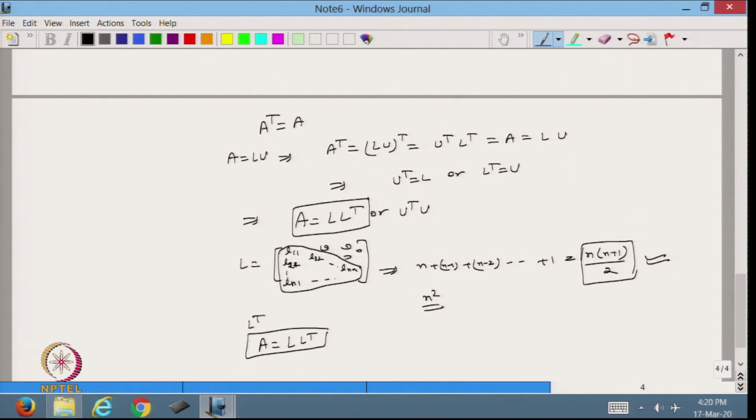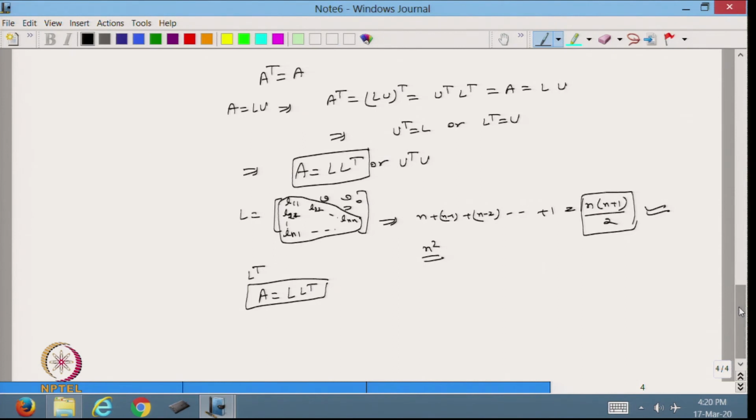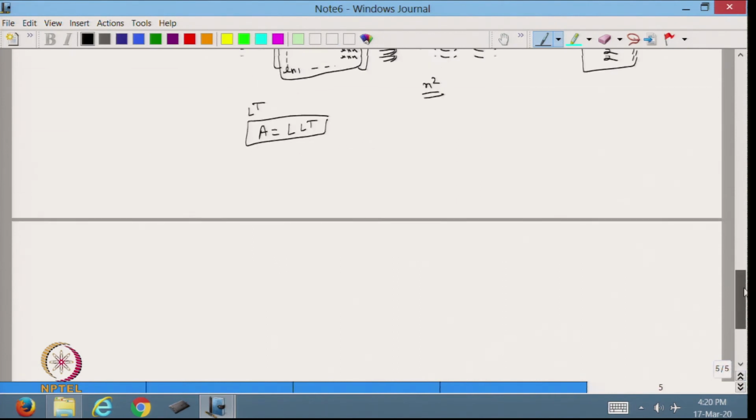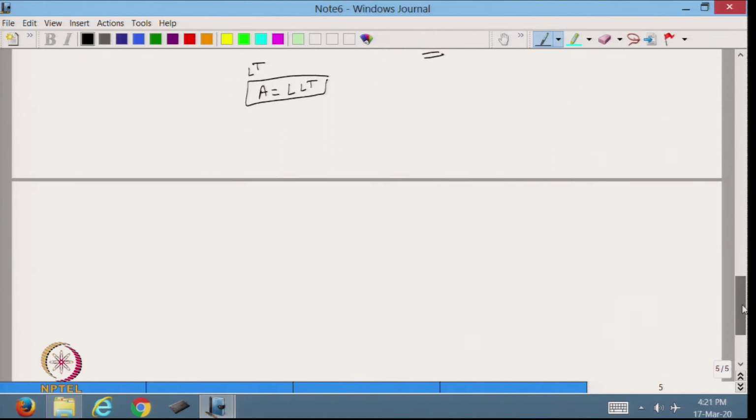So, this method is only for the symmetric matrix and the positive definite matrix. So, let us have some discussion about positive definite matrix and the symmetric matrix. Now, why do we need the symmetric matrix?